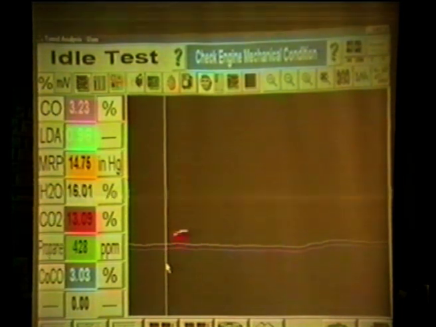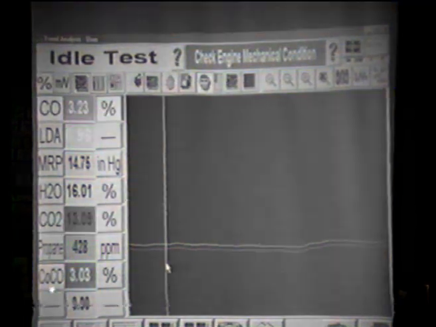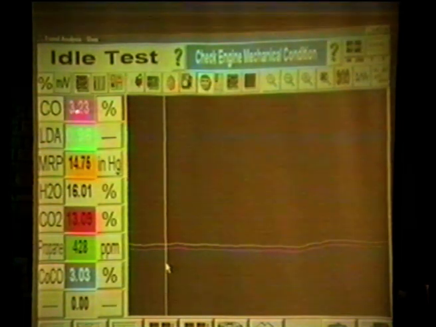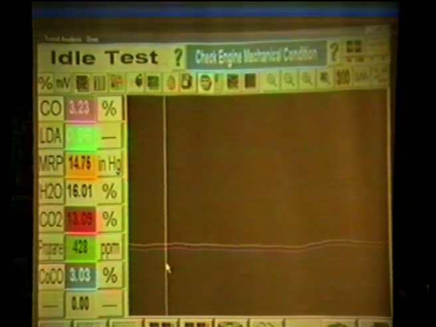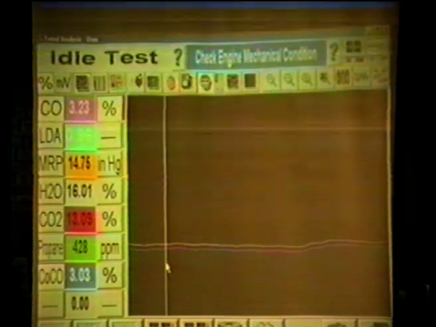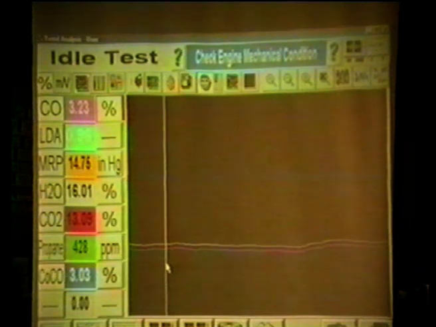If you're seeing that in your exhaust gas stream, you have oil burning going on. 3.3 and CO is 3.23. Now, if the real CO is higher than the corrected CO, you are burning oil. If the real CO is less than the corrected CO, you have an exhaust leak. In each case, the machine will set the flag for things that it suspects.